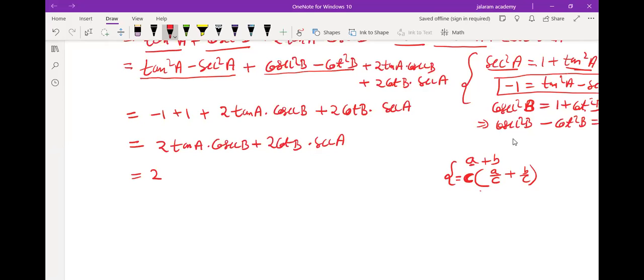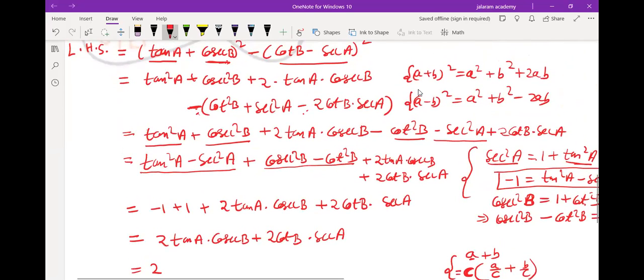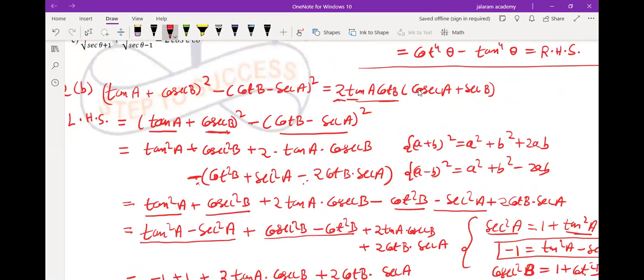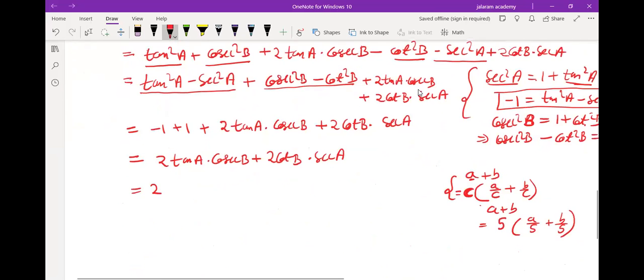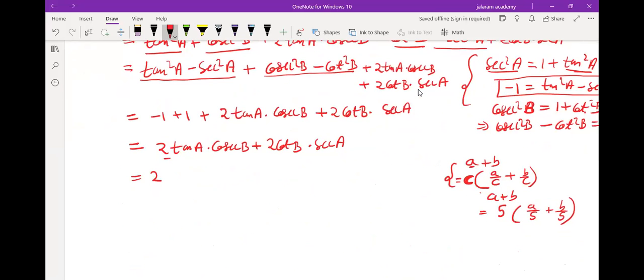Whenever we take 5 common from A plus B, it will give 5 into A by 5 plus B by 5. Similarly, if we have to bring 2 tan A cot B outside the bracket, it means we have to take tan A cot B common. 2 is already common, 2 is in both the terms. So next line we take tan A cot B common from these two terms.